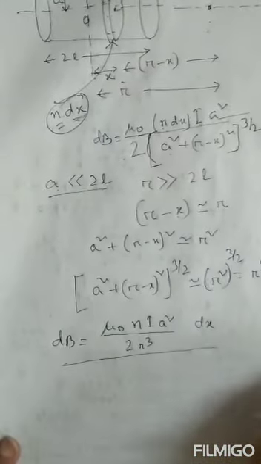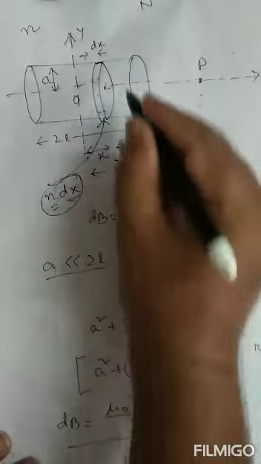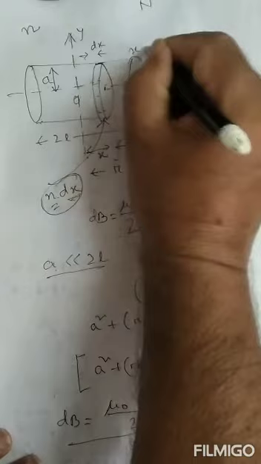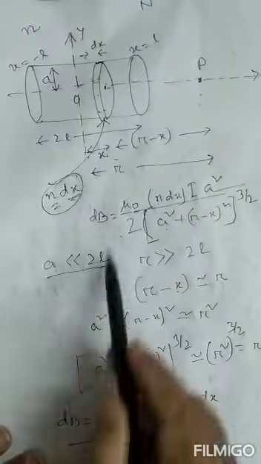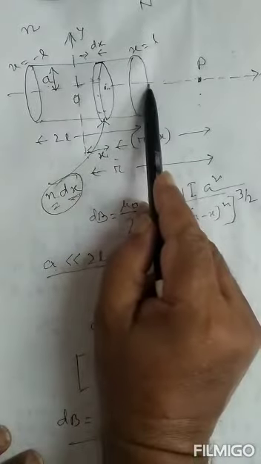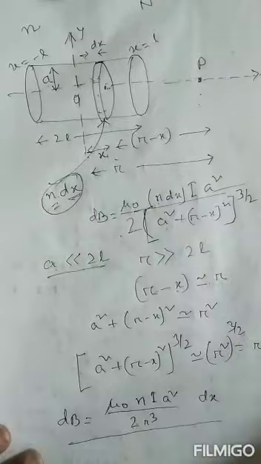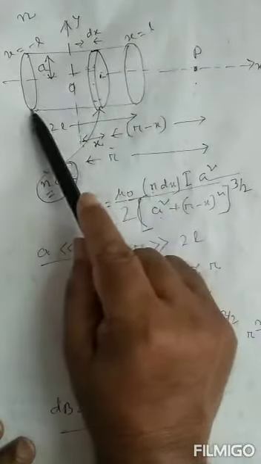So therefore, what is the total magnetic field induction at point P due to the whole solenoid? That means I have to integrate it. This is my L and this is my minus L. I have to integrate from minus L to plus L because we take the total length of the solenoid as twice L. I may consider the circular loop here and also here.